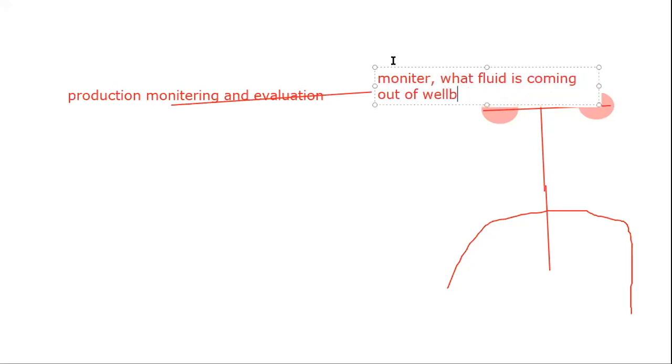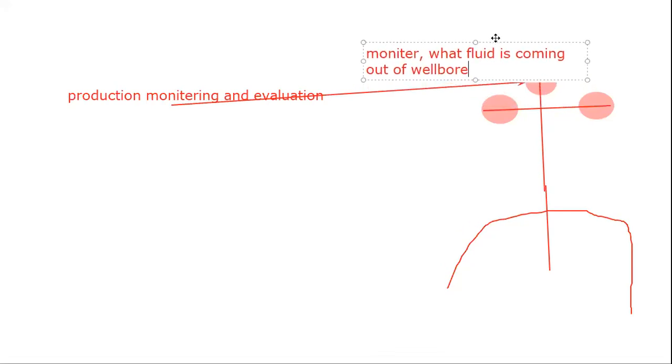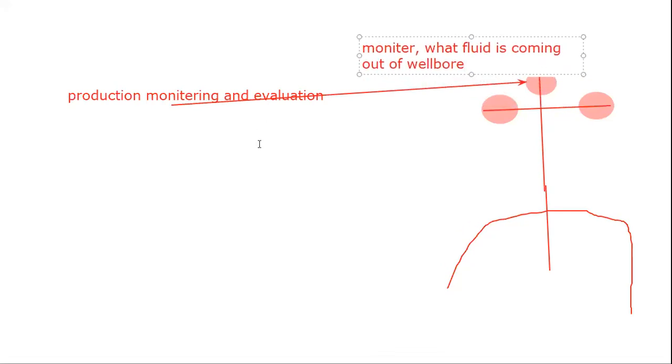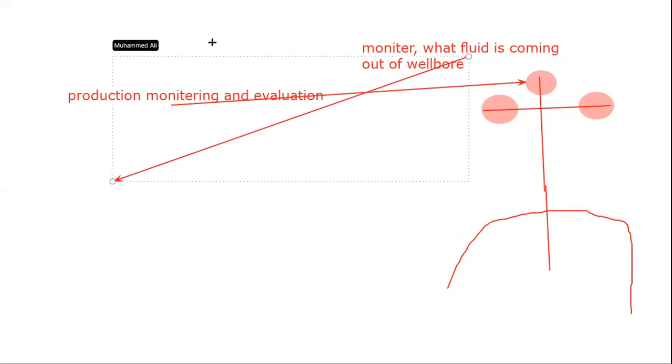Now, production monitoring and evaluation. The first job of the production engineer is to monitor what fluid is coming out of a wellbore. When I say fluid, you can describe this in a better way: the production data.